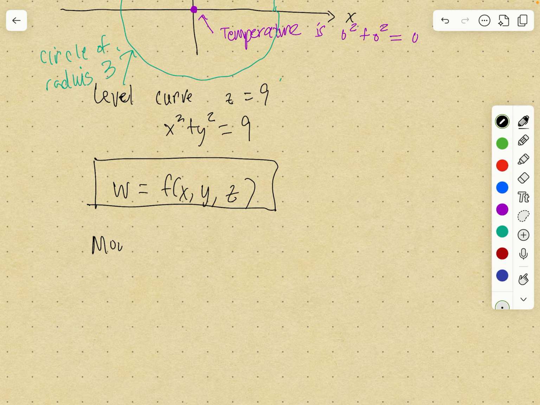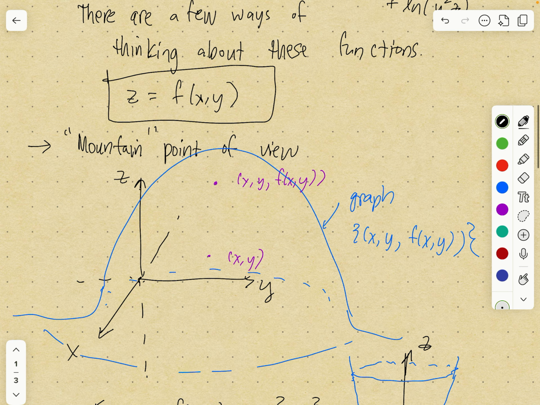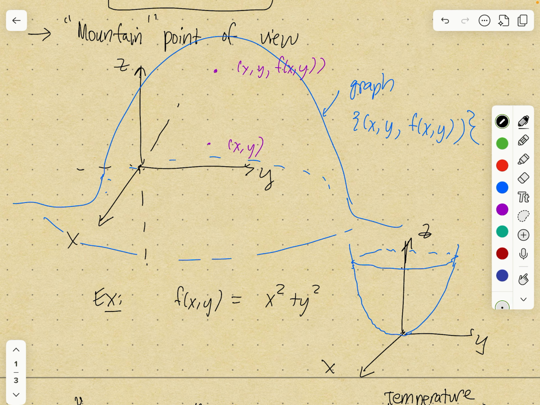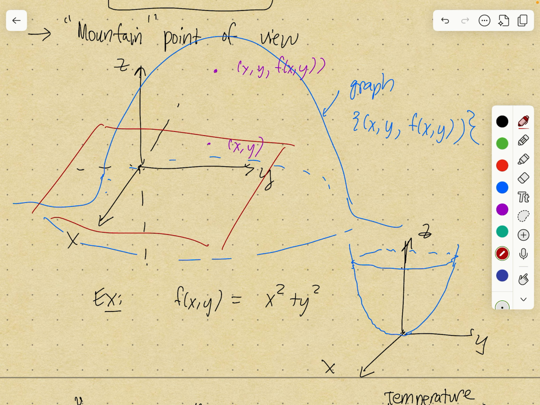How come? Because where would your mountain be? Your domain in the mountain point of view, the xy that you plug into the function, was on the xy plane, right? Your domain is this xy plane.